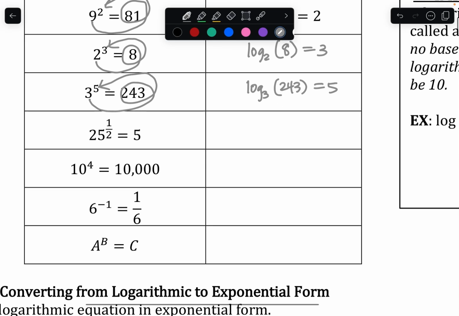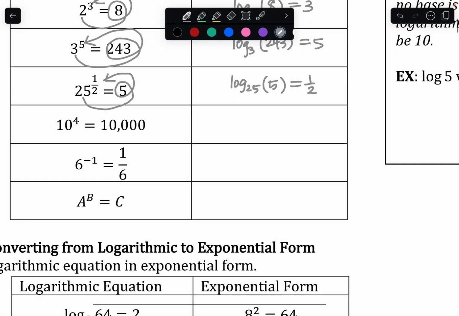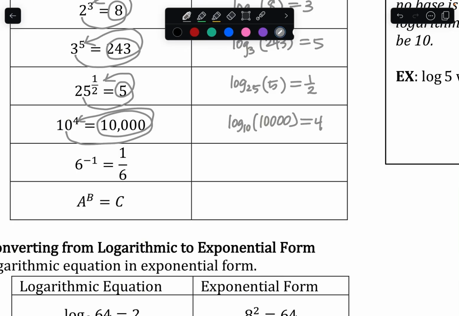Okay, here we have log base 25 of 5 equals 1/2. Okay, this next one we have log base 10 of 10,000 equals 4.